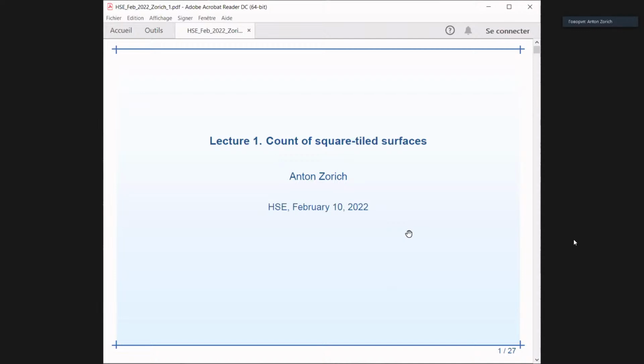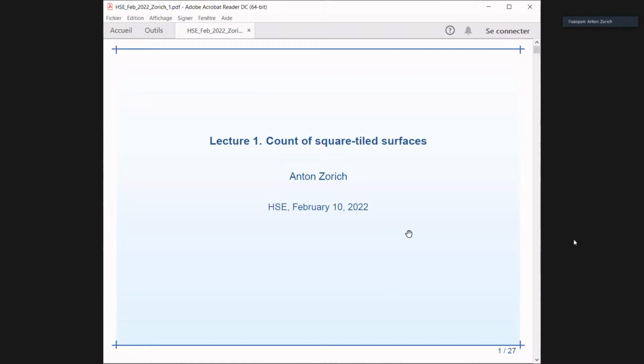The next lecture I will tell how Maryam Mirzakhani counted multi-curves and simple closed multi-geodesics, and will show that actually there is a surprisingly close relation between counting square tile surfaces and hyperbolic multi-geodesics.